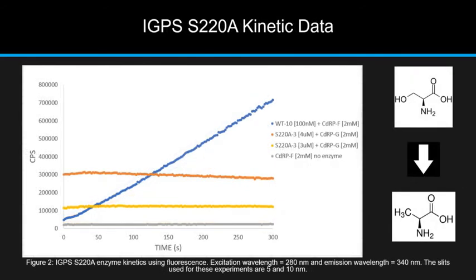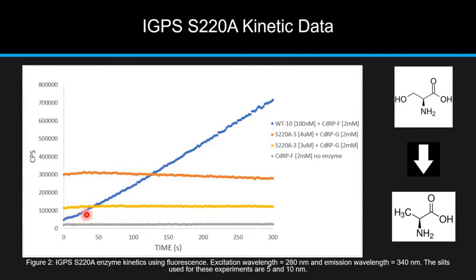This figure shows a couple of the many kinetic experiments that have been done on the S220A mutation. The serine at the 220th position mutated to alanine. We can also see that here, where the hydroxyl group is basically changed to a methyl group. Here in figure 2, we see the substrate only control as the gray line.